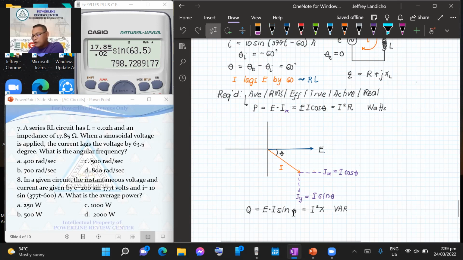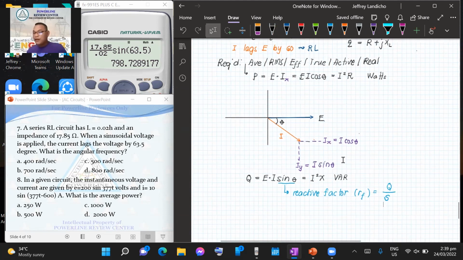This sine theta, since this is the reactive component of your current, is why R is reactive, and the value of your sine theta is what we call the reactive factor. It is called reactive factor, RF, since that is the ratio of what? Reactive power over what? Apparent power.